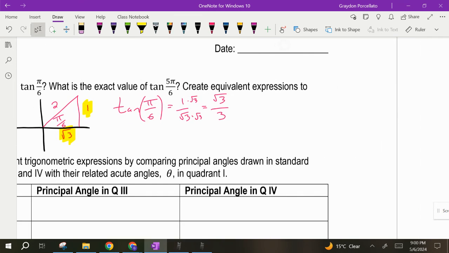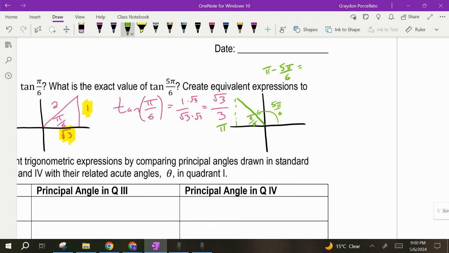Now the tan of 5 pi over 6, we'll draw that one here. Where is 5 pi over 6? It's over here, so this angle here is 5 pi over 6, which leaves a related acute angle of pi over 6. We did that above: to figure out the related acute angle, it's pi minus 5 pi over 6.